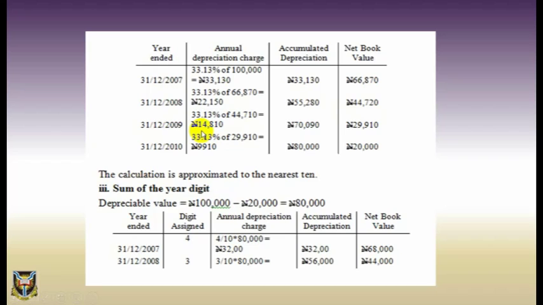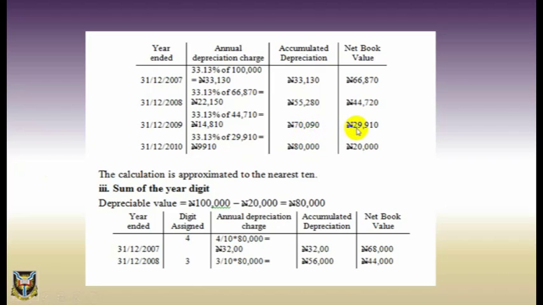Year 3: 33.13% of 44,720 is equal to 14,810 naira. Accumulated depreciation is equal to 70,090 naira.